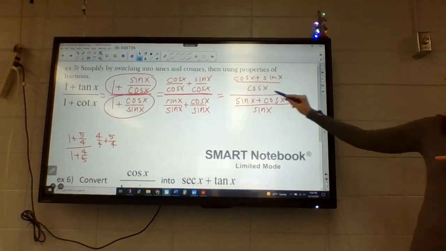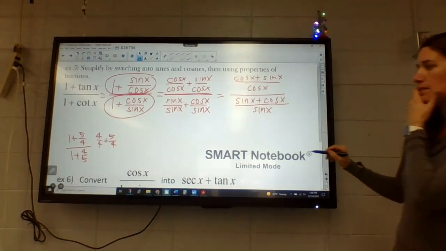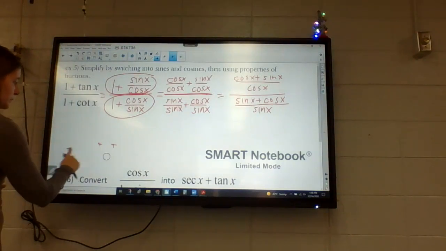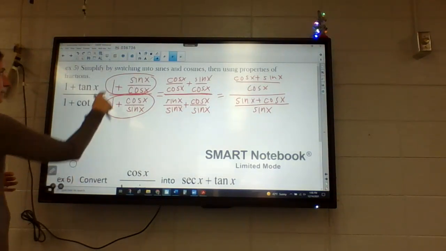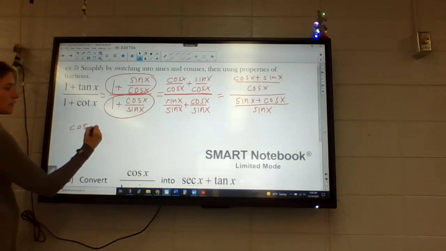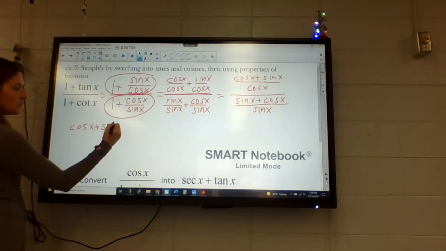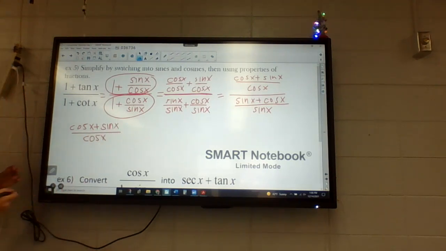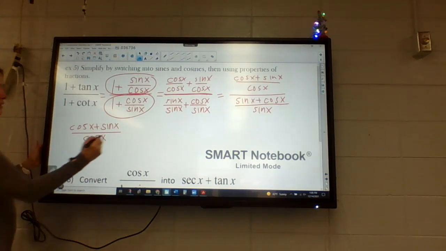Now when we're dividing fractions, and we have a fraction within a fraction, we're going to multiply by the reciprocal. So now we can flip this. We're going to flip this bottom one and multiply. The top one's going to stay as it is. The bottom one's going to flip and multiply.